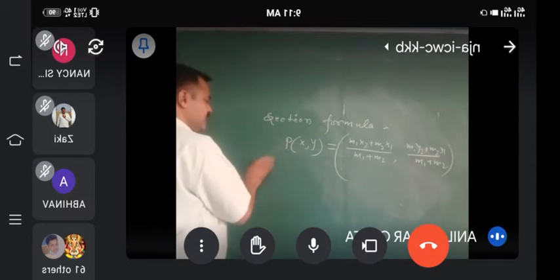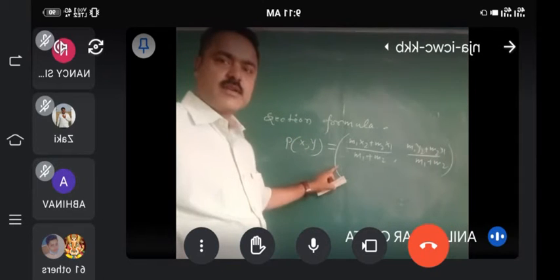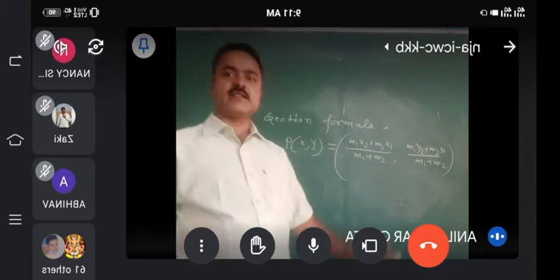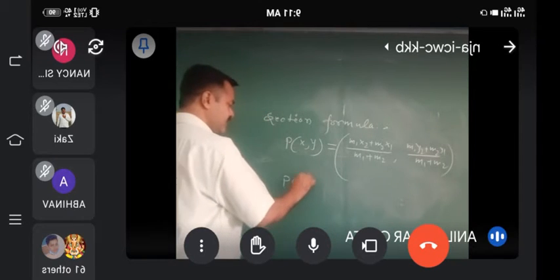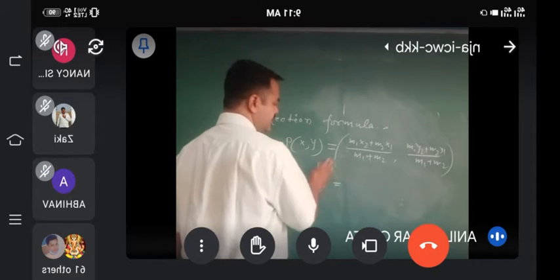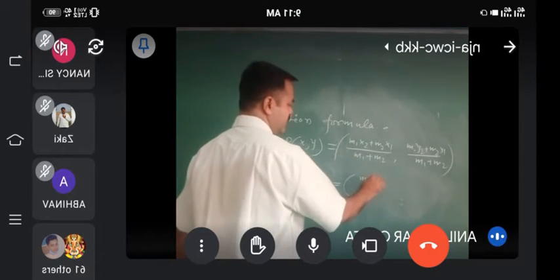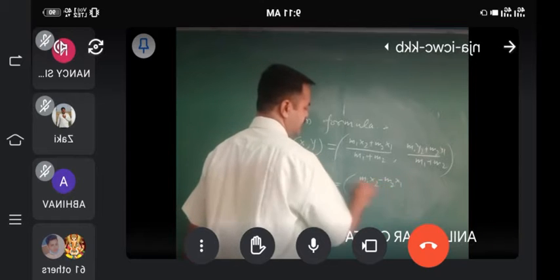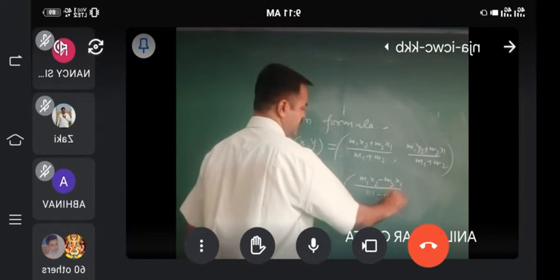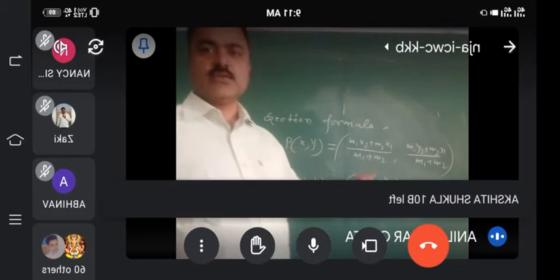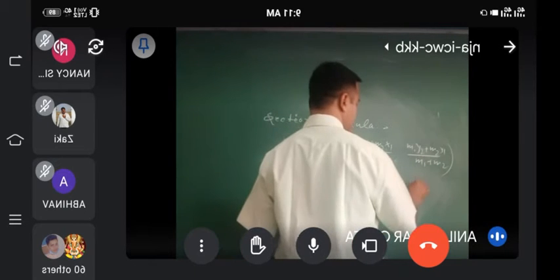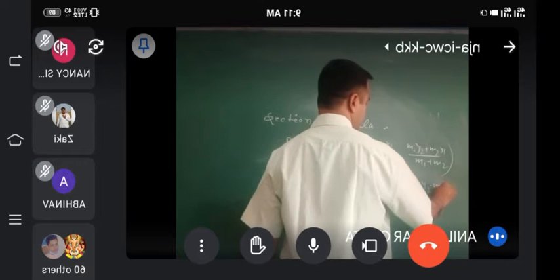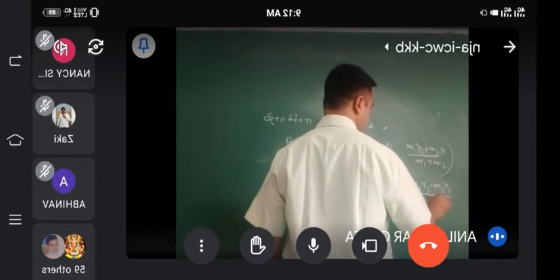Now, this one is the internal formula, and if the point P externally divides the line segment joining AB, then P(x, y) will be, there is just only a sign change here: (m1 x2 minus m2 x1) upon (m1 minus m2), change plus to minus, and the second one is (m1 y2 minus m2 y1) upon (m1 minus m2).